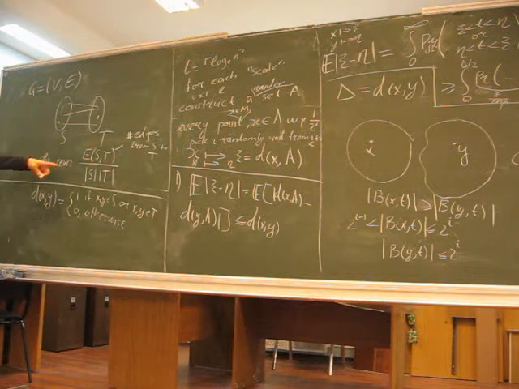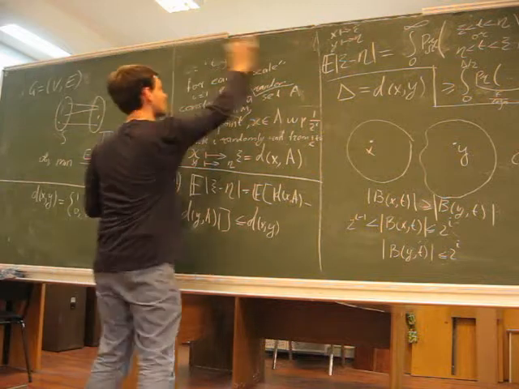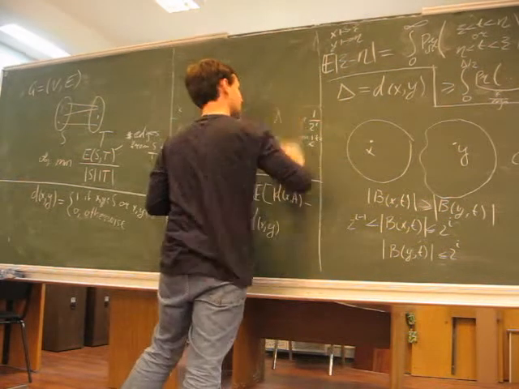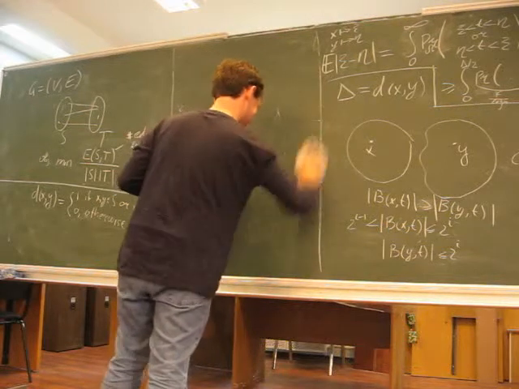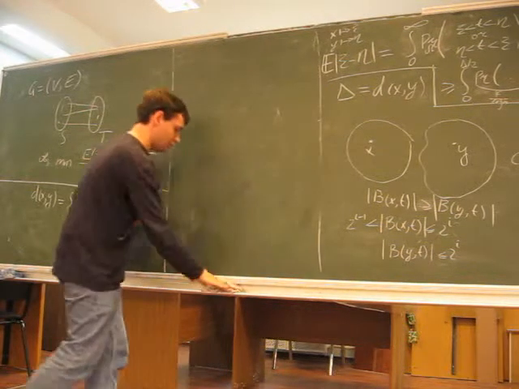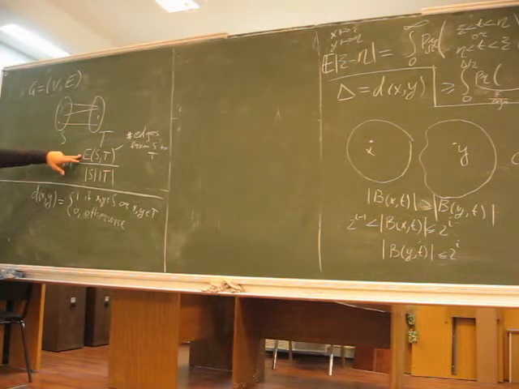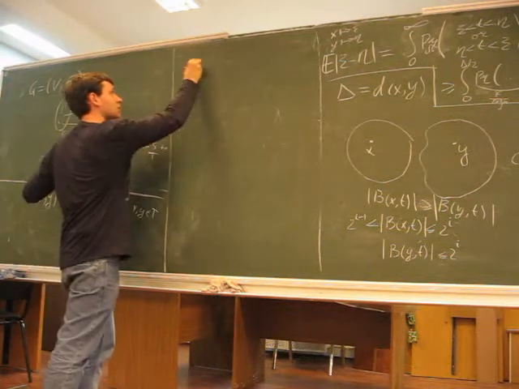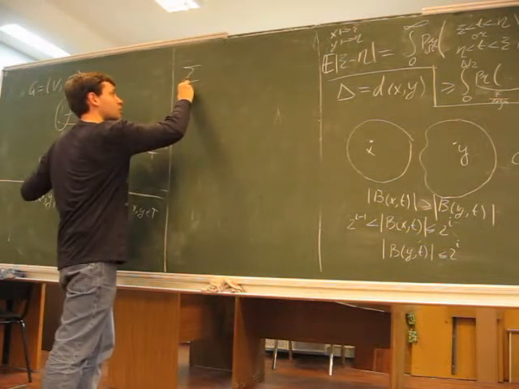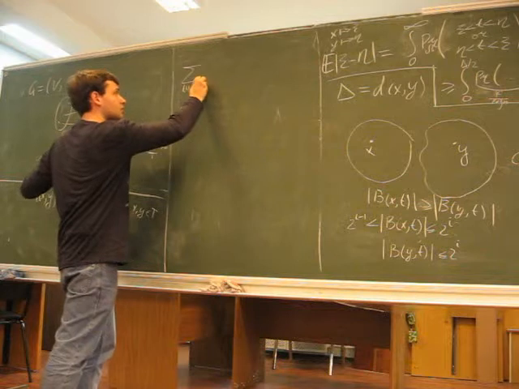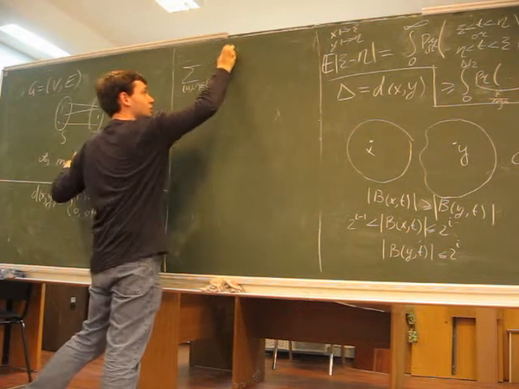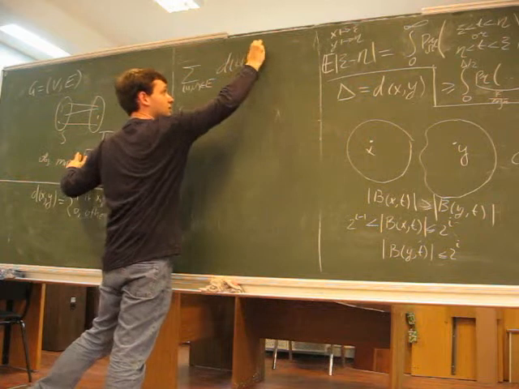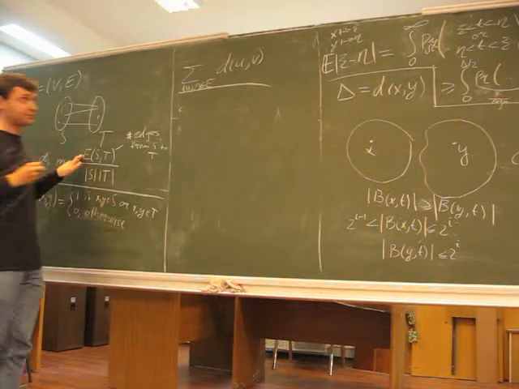Let's rewrite our objective function in terms of the distance function. So the number of cut edges is just the sum over all edges UV of the distance from U to V, right?